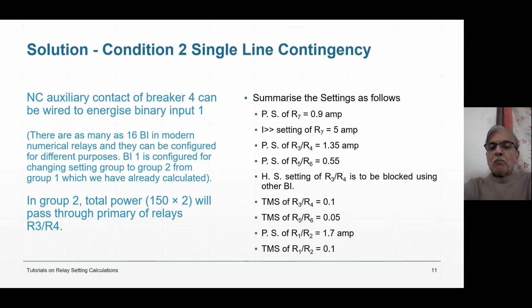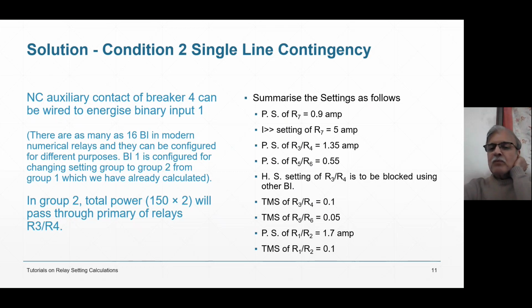Same thing. PS of R3, R4 is 1.35. Different now, because only one line is on. Complete power 1312 is flowing through. 1312 divided by 1000, so 1.312. Therefore, I will have to go for PS of R3, R4 1.35.